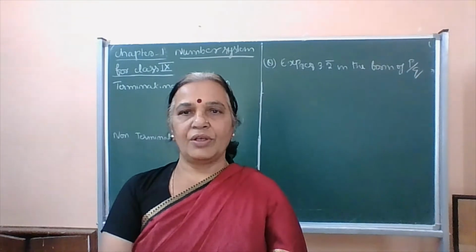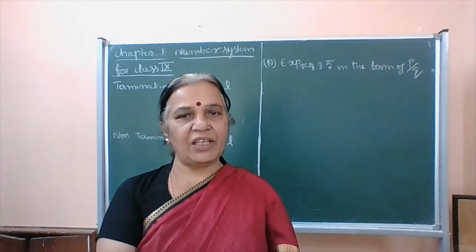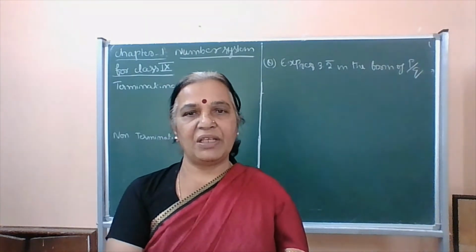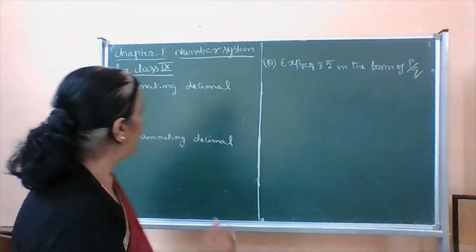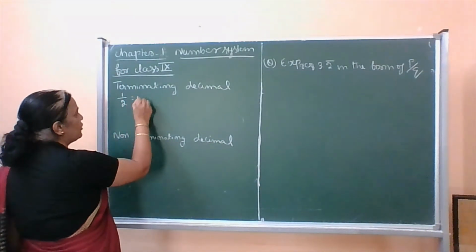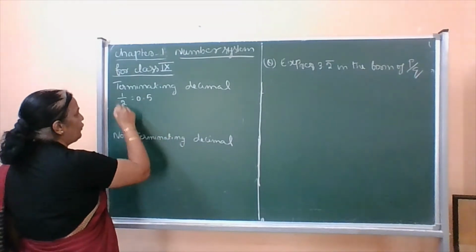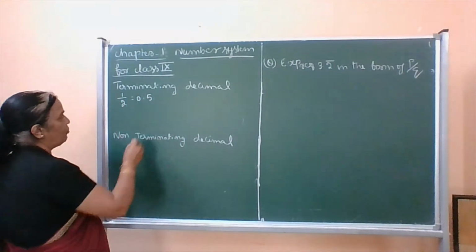Here I am going to give you some examples on terminating and non-terminating and repeating decimals. Now, if you divide 1 by 2, you will get 0.5.